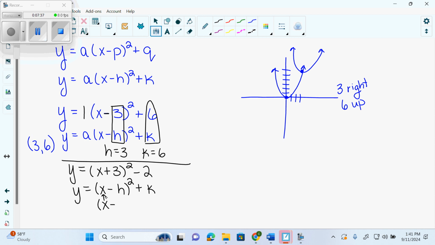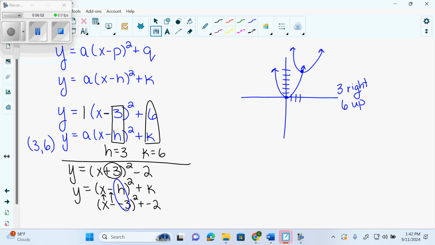They have to match. How would I get a plus 3 if I have a minus sign here? Make the 3 negative. So I have (x minus negative 3) squared plus negative 2. We agree? You see that? So that's why when it's actually x plus 3, h is actually negative 3. That's why it's actually 3 to the left.